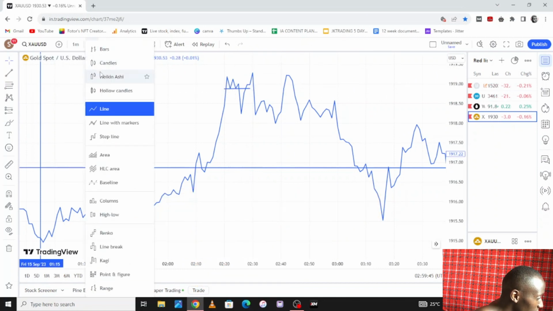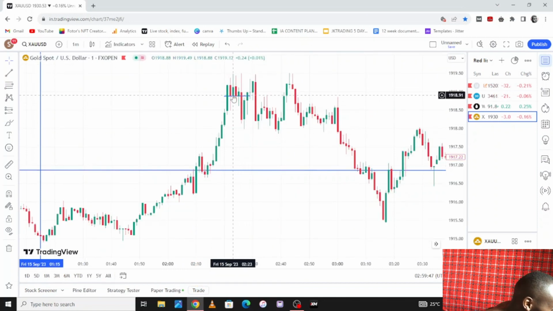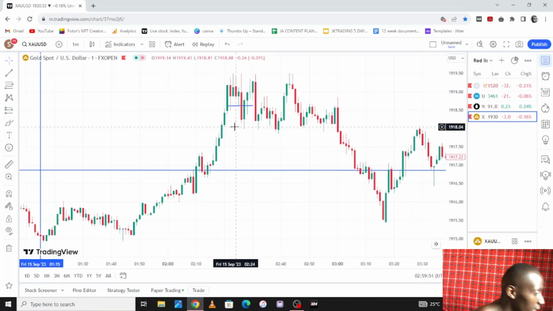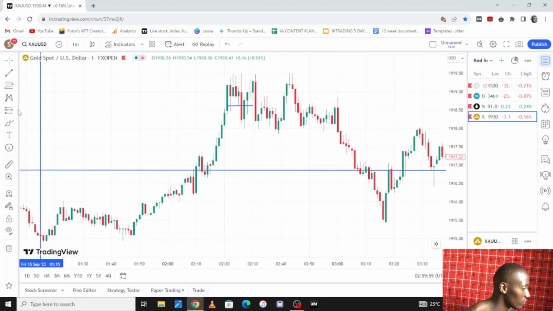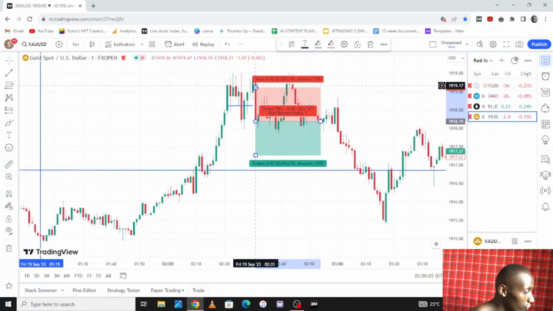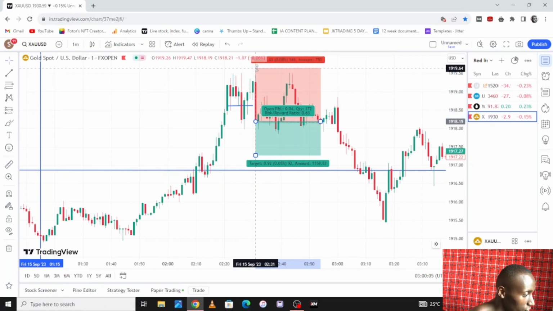Alright, once we have our W pattern, all you have to do is just redraw and put it at the low. So this is the low. Price breaks out, pulls back, and gives us an engulfment at 2:30. So this is the entry. Your stops above the high. So around 15 pips is nice.